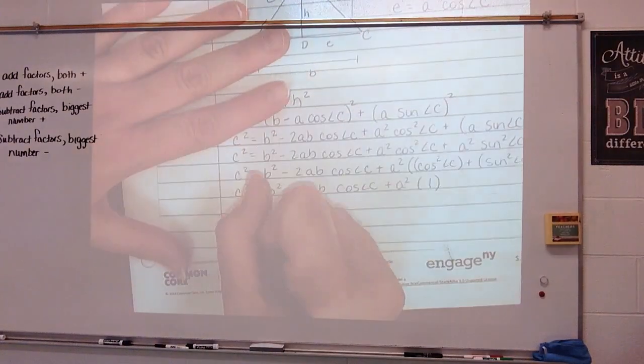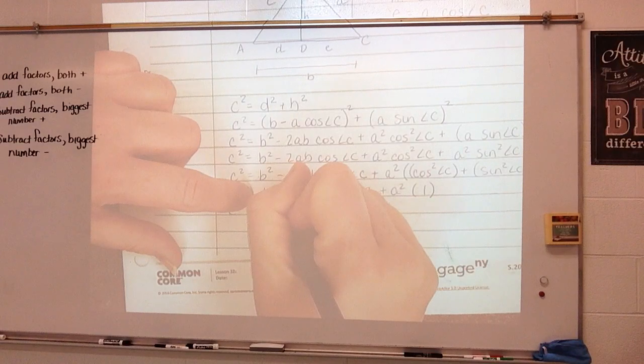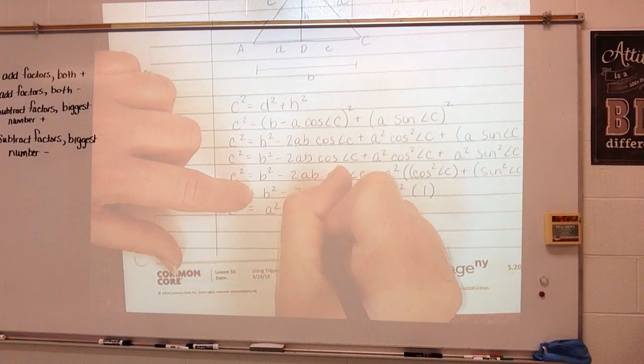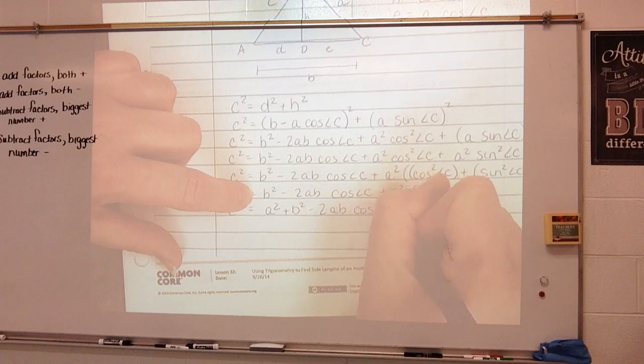So I get C squared is equal to A squared plus B squared minus 2AB cosine of angle C.